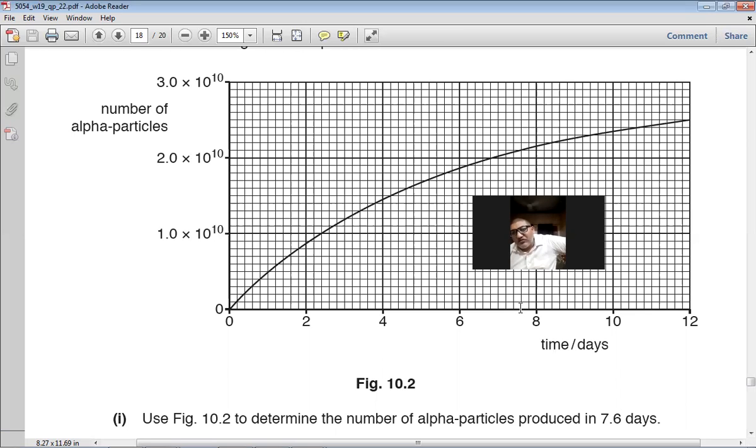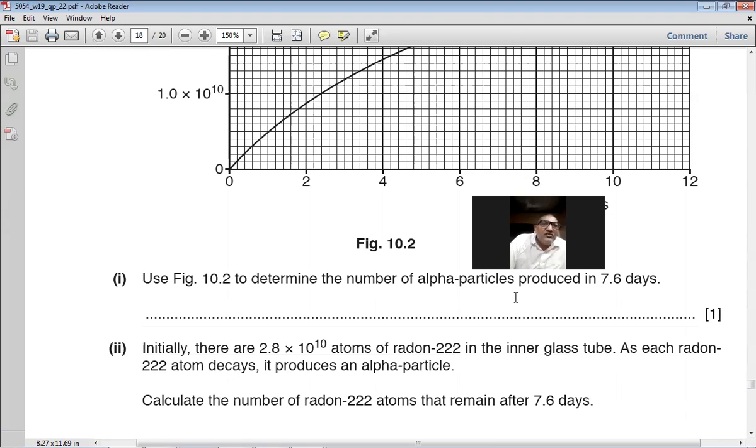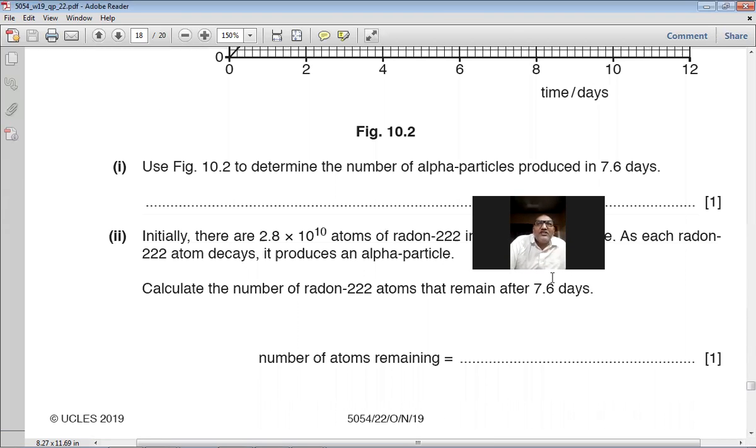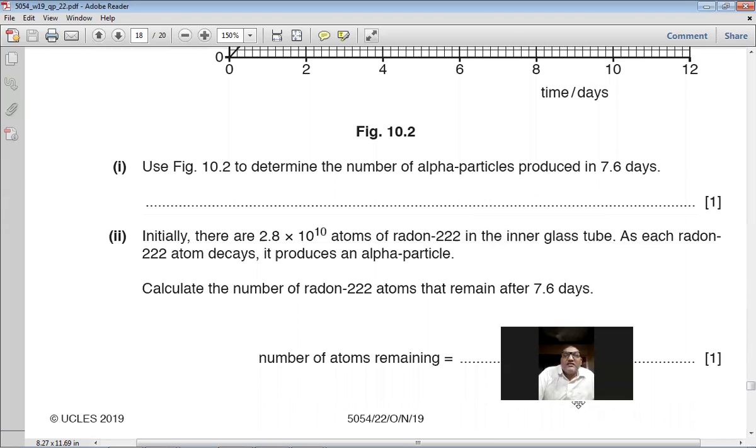So where the cursor is right now, that will be 7.6. From here you go up to the graph. When you touch the graph, then from there you go to the y-axis. And there you will find the number of alpha particles. Hopefully you have understood. This is a 1 mark question.